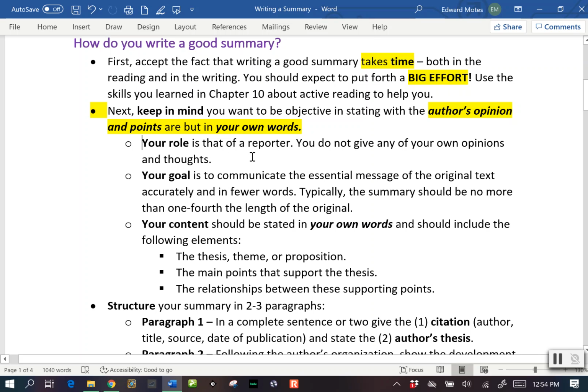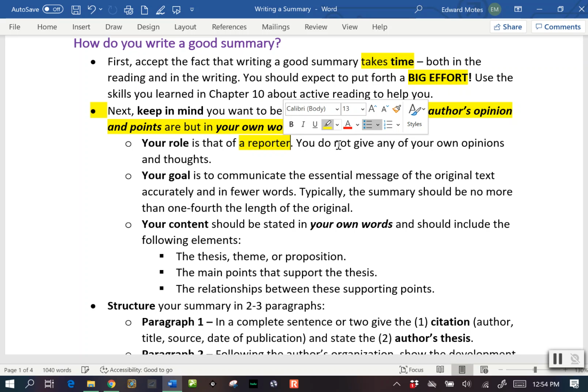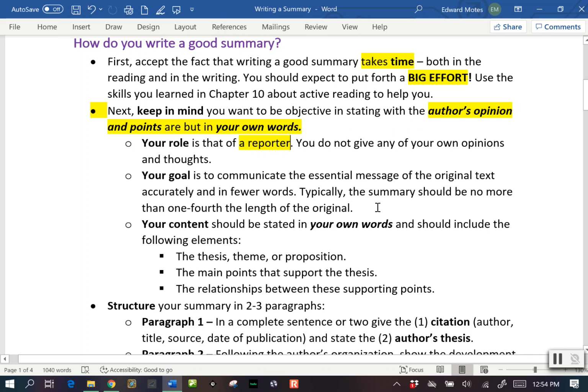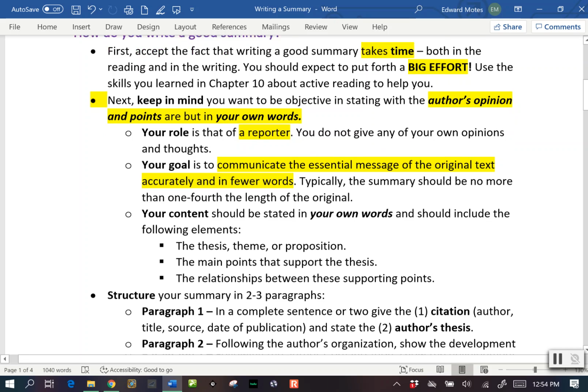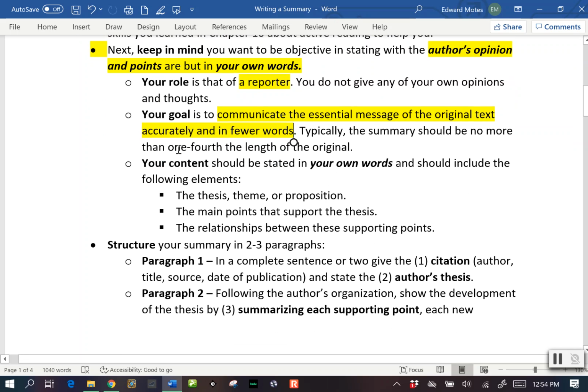So when you write a summary, your role is to be a reporter. You're not giving your opinions, you're just giving the facts. Your goal then is to communicate the essential message of the original text accurately and in fewer words. Usually a summary is no more than 1/4 of the length of the original.